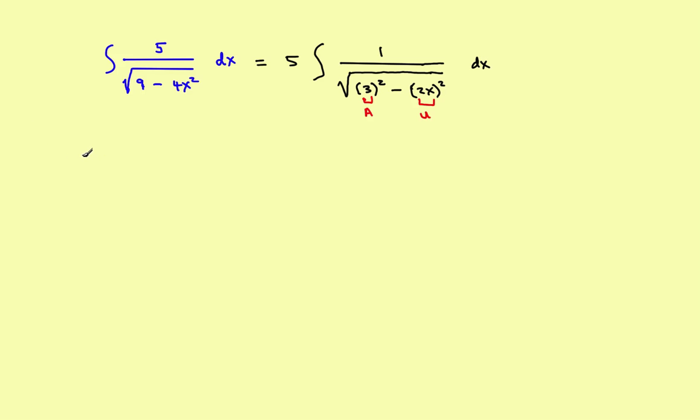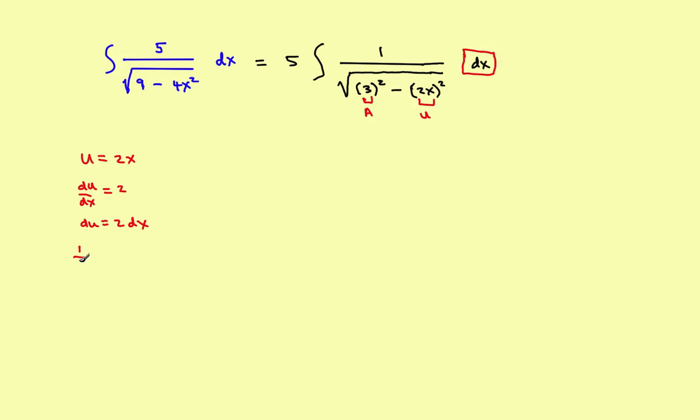So we'll do the u substitution over here. I'll let u be equal to 2x. That means that the derivative of u with respect to x would be equal to 2. So that means that du would be equal to 2 dx. Now again, I'm going to try to change this dx right here into a du. So there's the dx. I don't need the 2. I'll move the 2 over here.